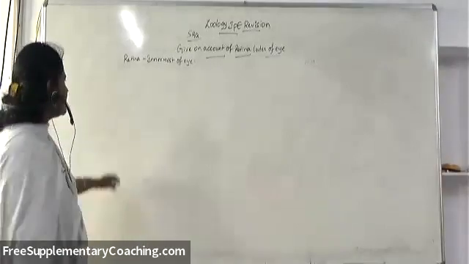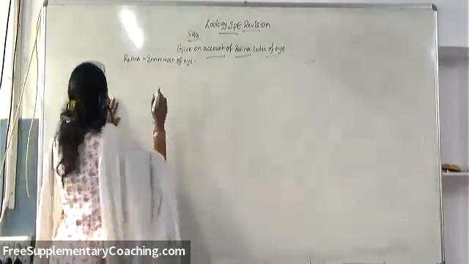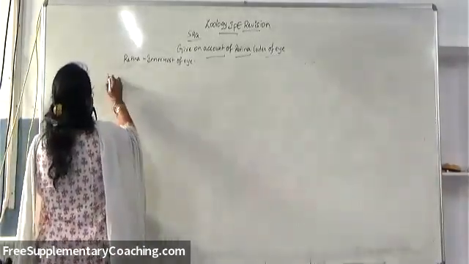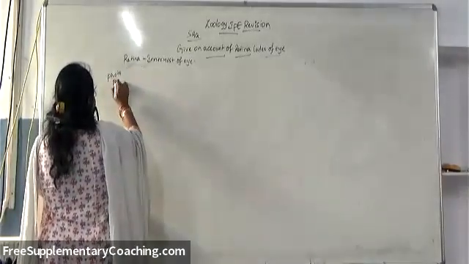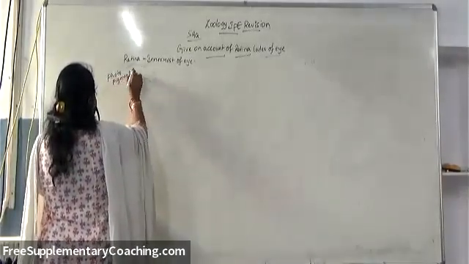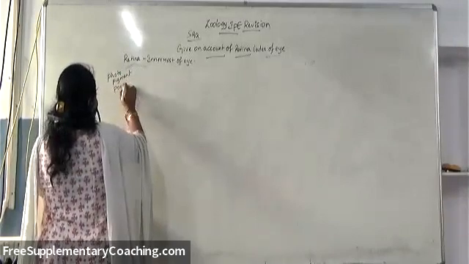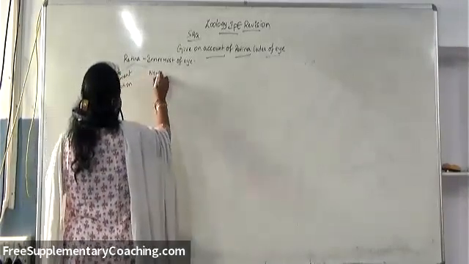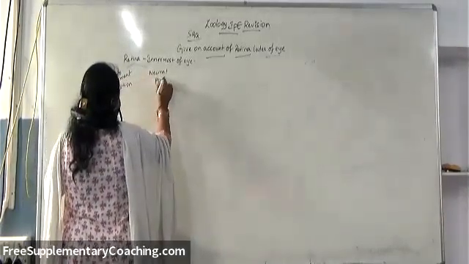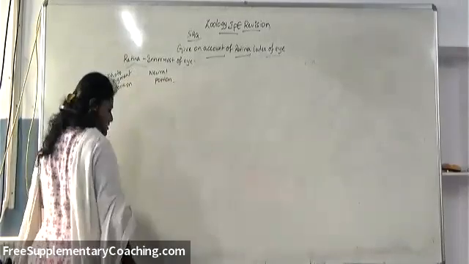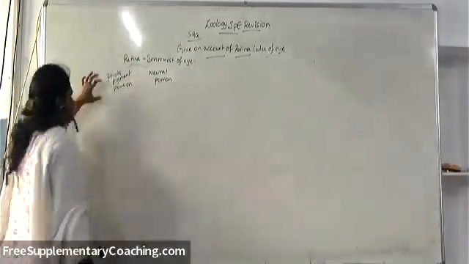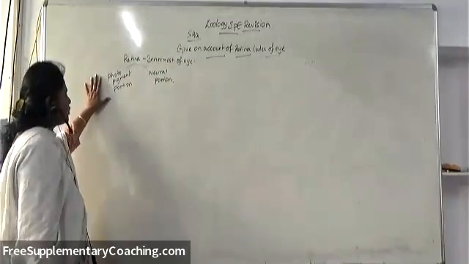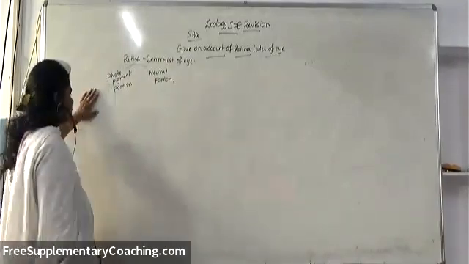The retina is the innermost layer of the eye, where it consists of a photopigment portion. Some portion of the retina is the photopigment portion, and the remaining is the neural portion. So the retina consists of two portions: one is the photopigment portion and the other is the neural portion.